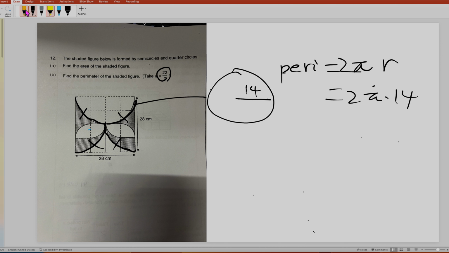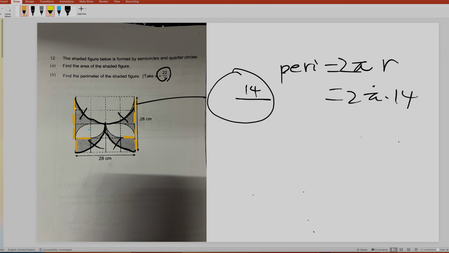哪一个? Let's do it one by one. Can you see this one? Can you see this one? Yes. Can you see this one? Right? Yes. Can you see this one and this one?